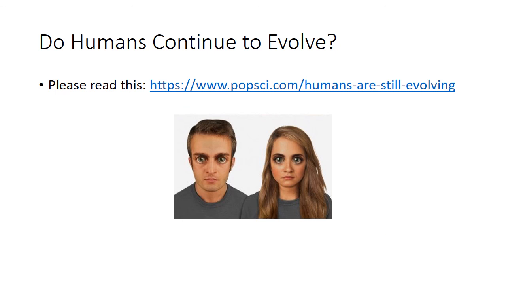But one last thing, I would want to give you this link, and I encourage you to read the material there. It gives you several interesting examples that human evolution continues. They give several examples, like the example of positive selection of tall men in certain areas.